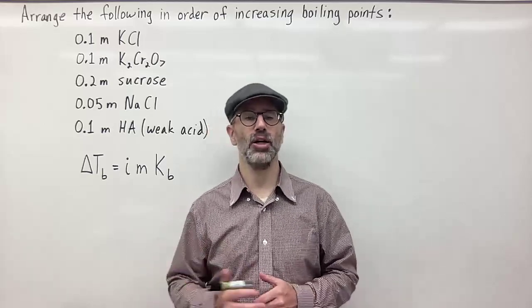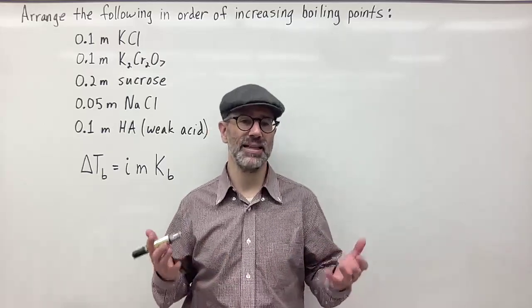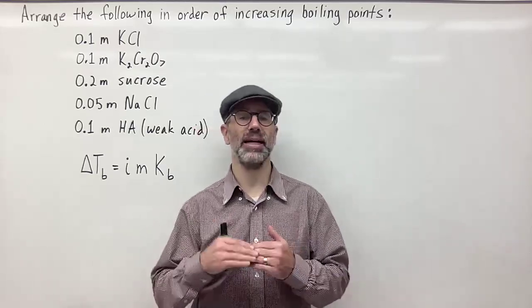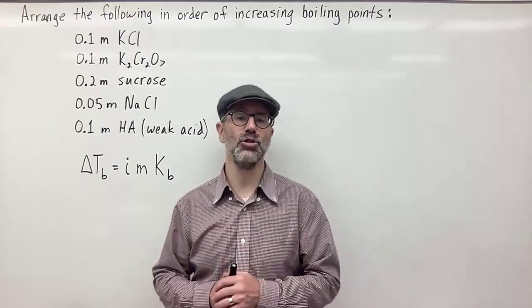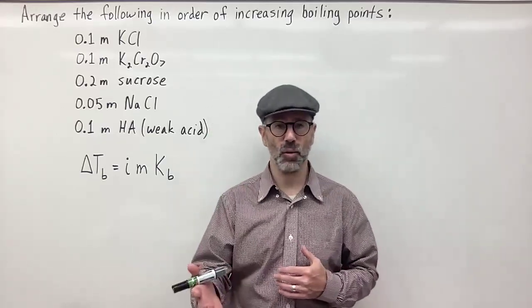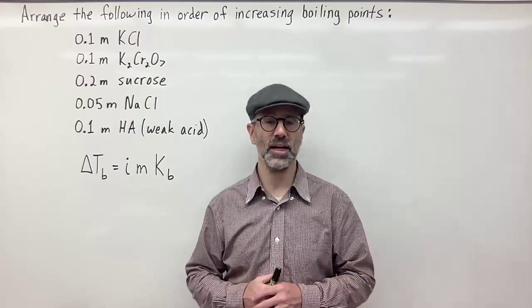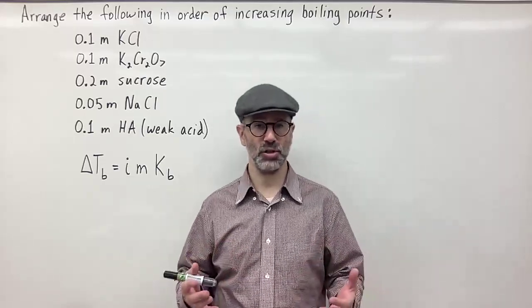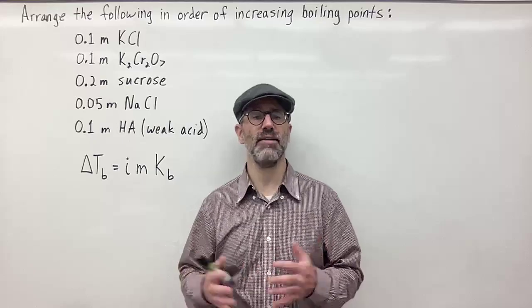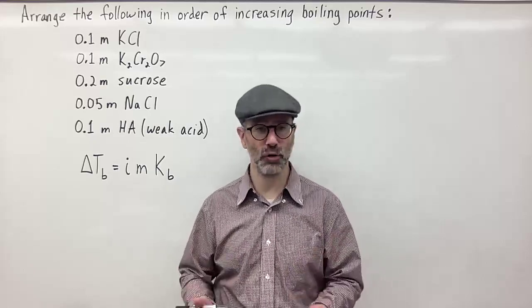With boiling point, it's the same idea, but in the opposite direction. When you add something to the solvent, it's going to increase the boiling point, so the solution is going to have a higher boiling point than the pure solvent.